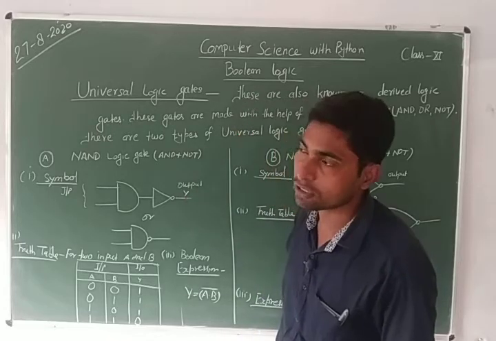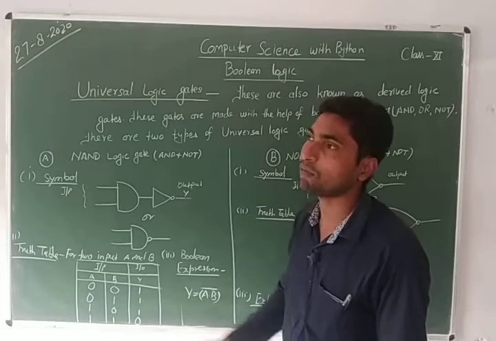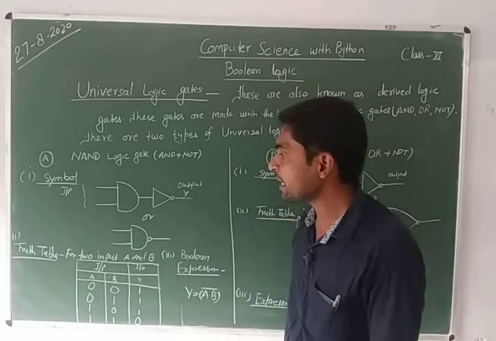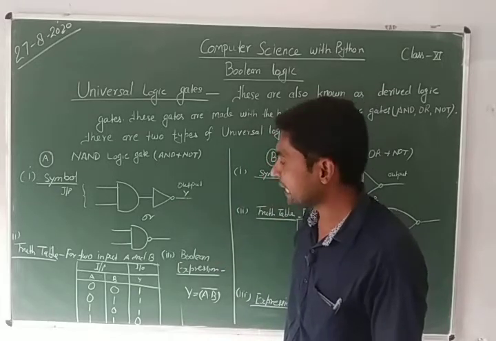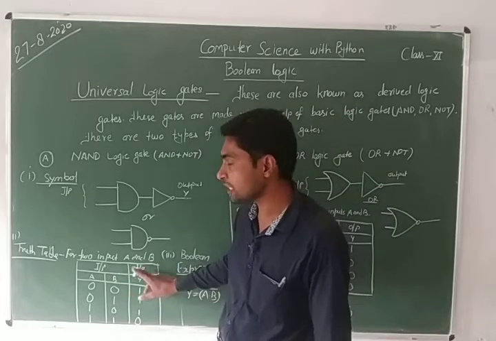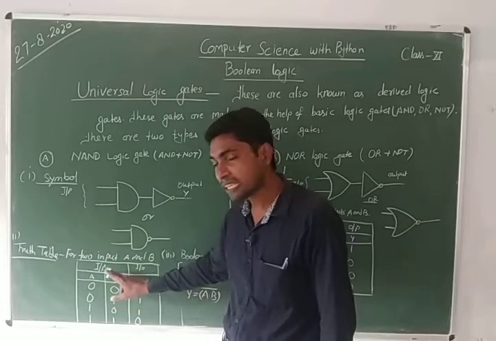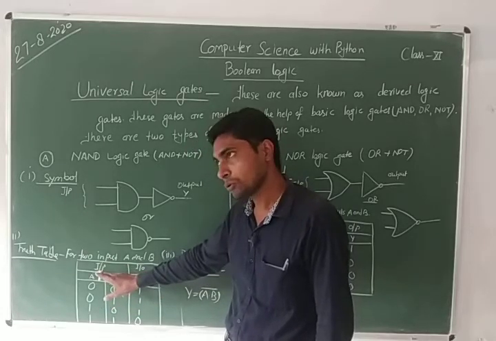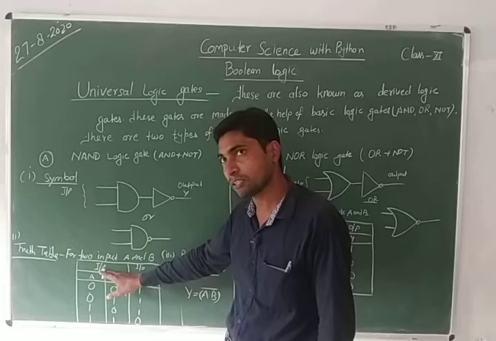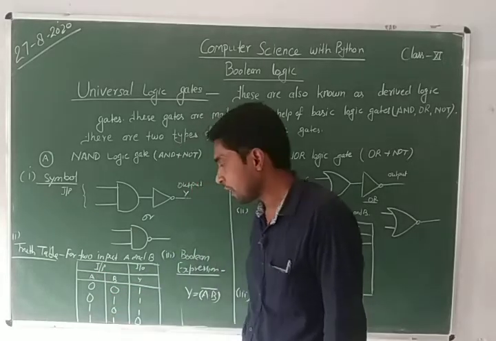Now let us see the truth table. For two inputs, or we can say for two variables, the truth table of NAND gate is like this. This is the input and this is the output. There are two inputs, A and B, and the output is Y. Since there are two variables, the combinations will be 4: 00, 01, 10, 11.